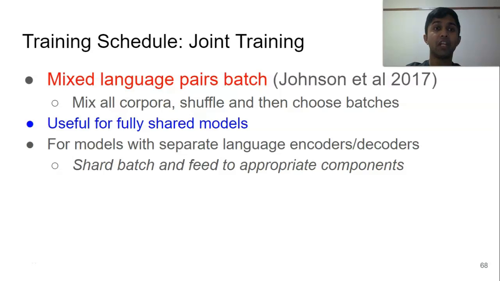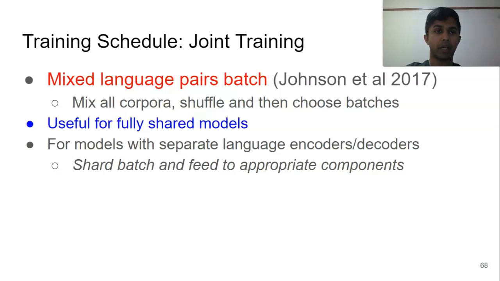Now, if we have a fully shared multilingual neural machine translation model, then we don't need to worry about any kind of cycles. All we can do is simply mix all the corpora, shuffle them, and then choose batches from this shuffled and mixed corpus. Now, a single batch can contain sentence pairs belonging to multiple languages. But how do we address a situation where only parts of the model are shared and parts of the model are language specific?